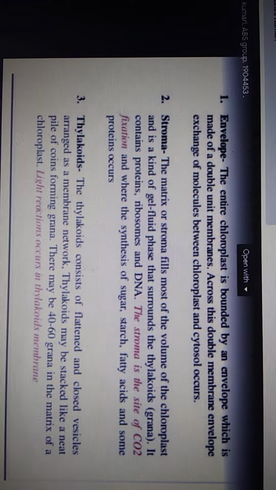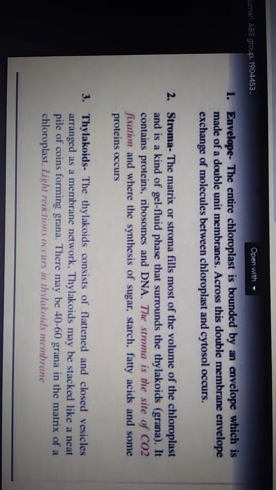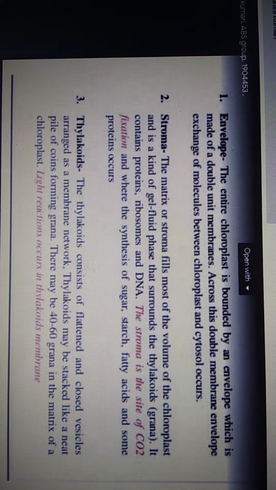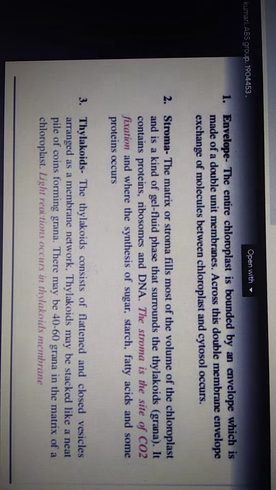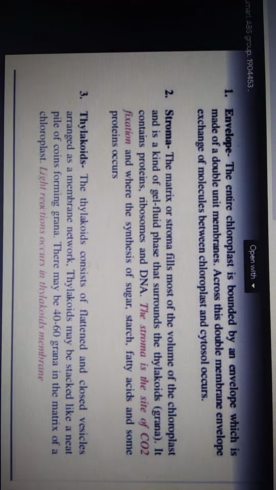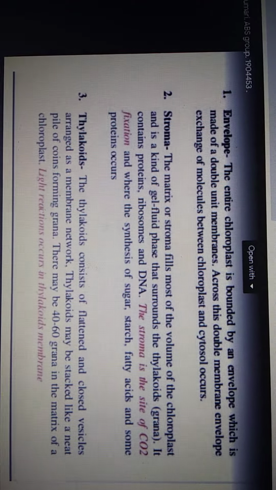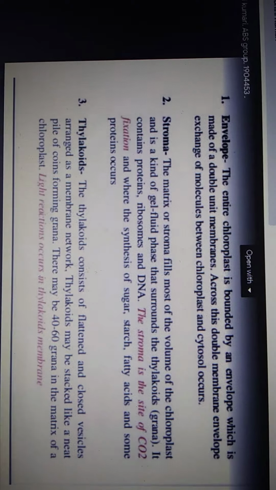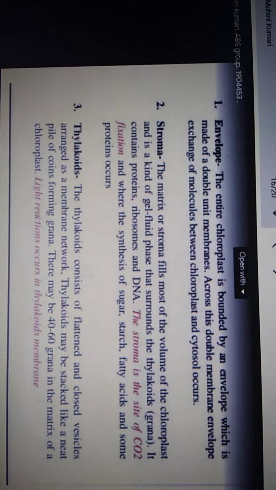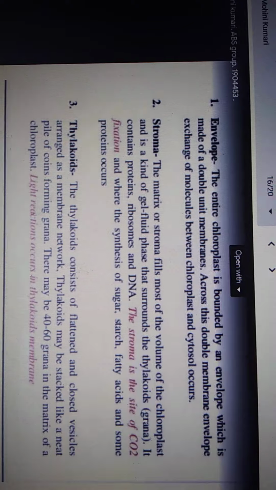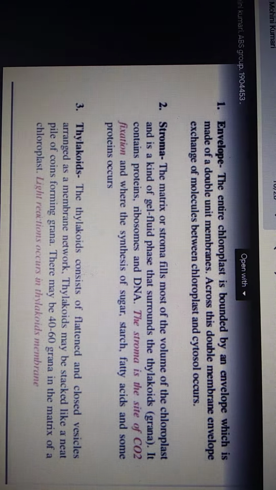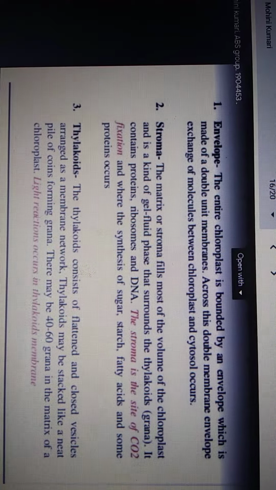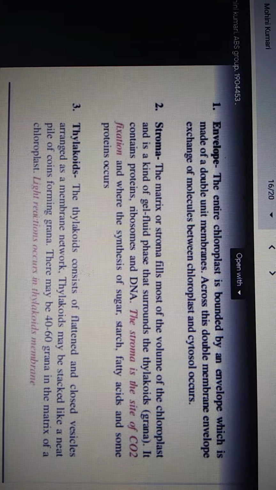In the chloroplast, as you might know, photosynthesis takes place. Photosynthesis has two components: light reaction and dark reaction. Light reaction happens in the thylakoid membranes and dark reaction in the stroma of the chloroplast.